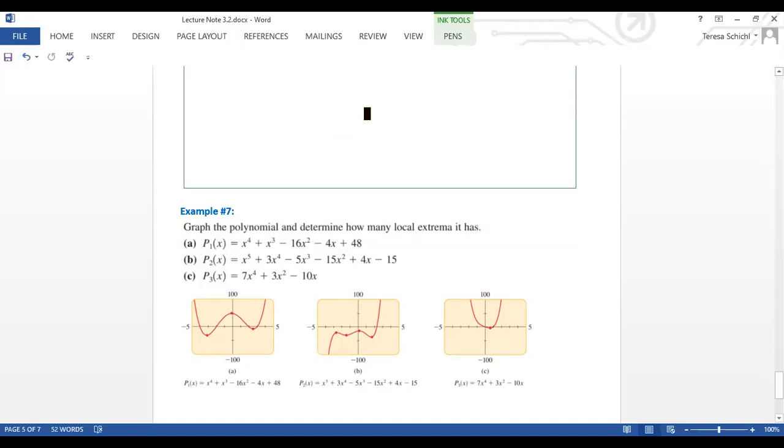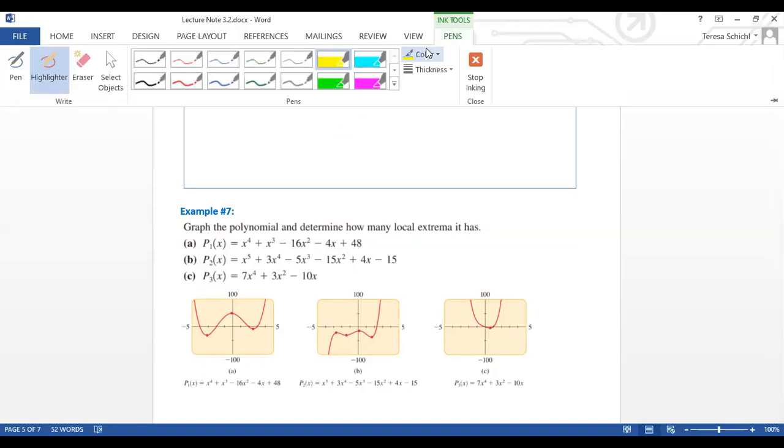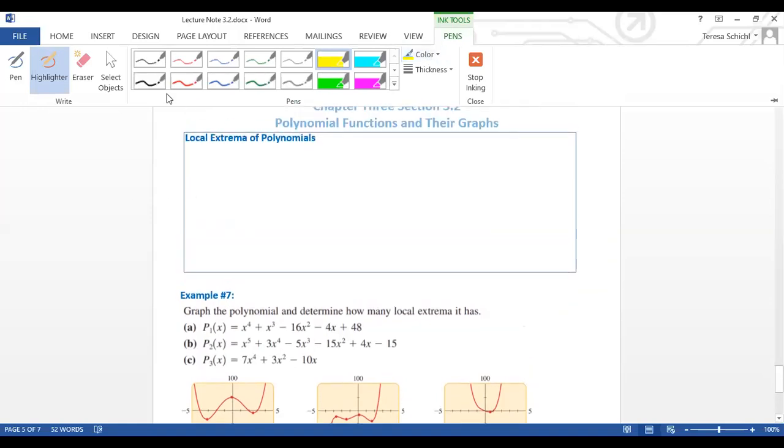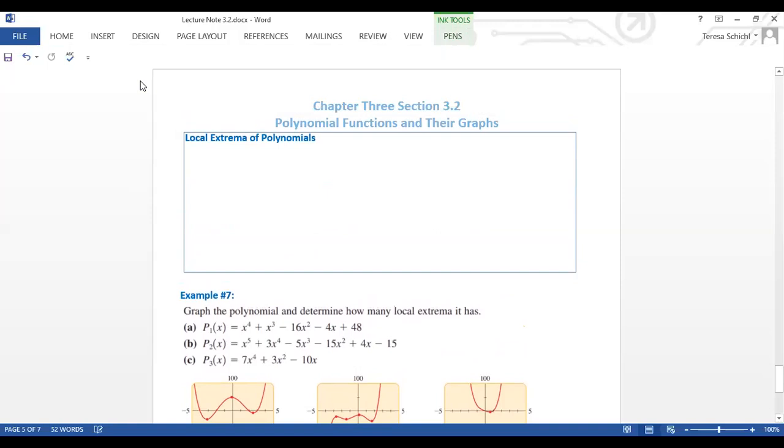Okay, so the next thing here, we said, what is a local extremum? This is very interesting also. Let's say P(x) is equal to a_n x^n plus a_(n-1) x^(n-1) plus and so on, plus a_0.